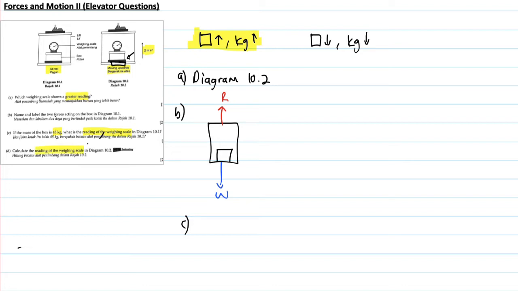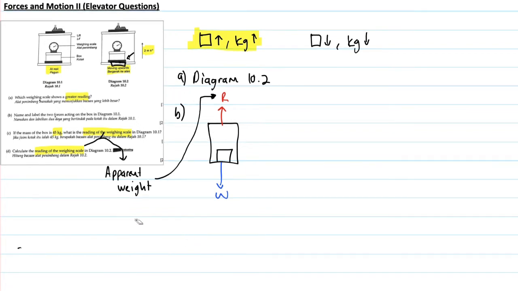This reading on the weighing scale can also be rephrased as apparent weight, which means the normal reaction. So it's a question indirectly asking you what is the normal reaction acting on the object.